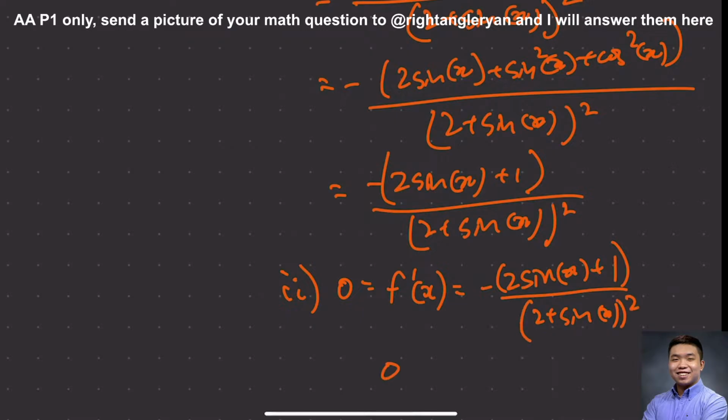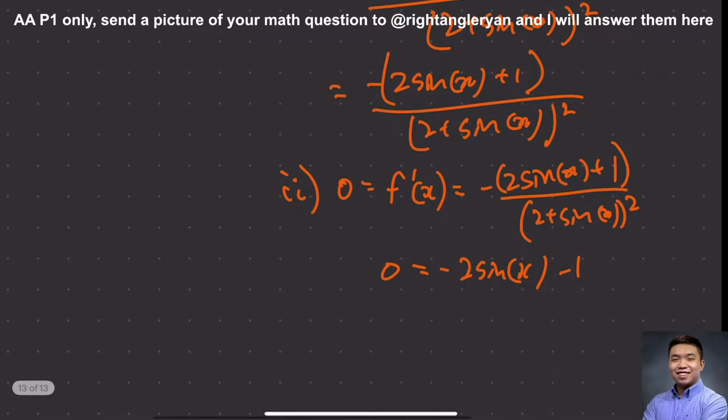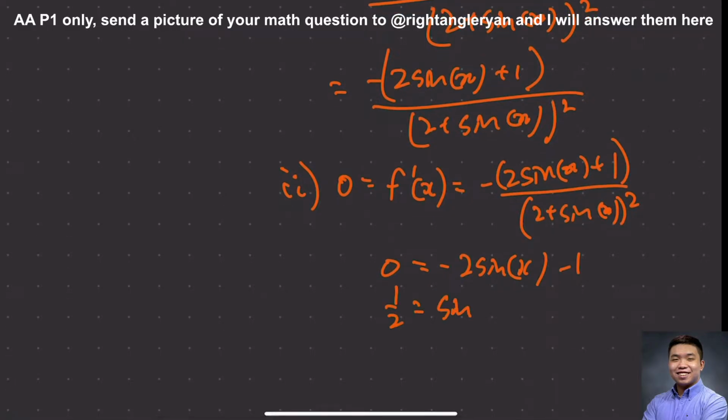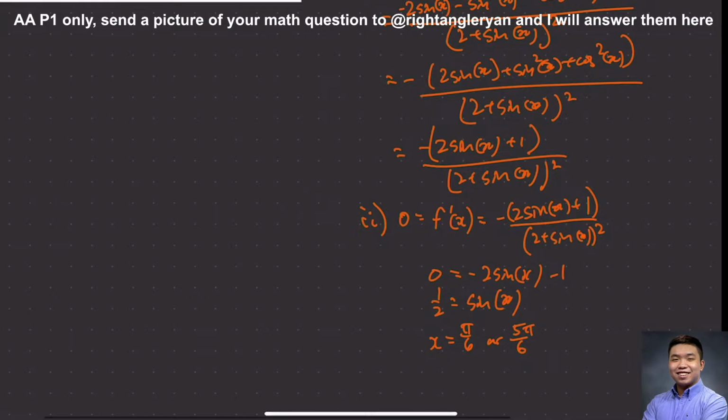So therefore 0 equals negative 2 sine x plus 1. So 1 over 2 equals sine x. Sine x equals a half when it's pi over 6 or 5 pi over 6.